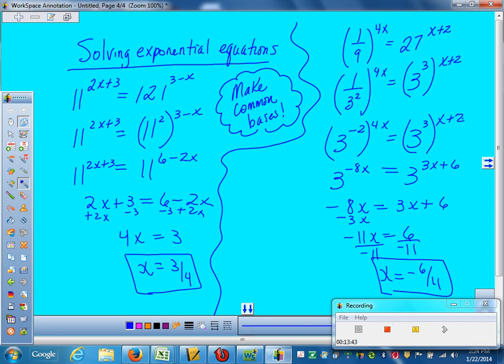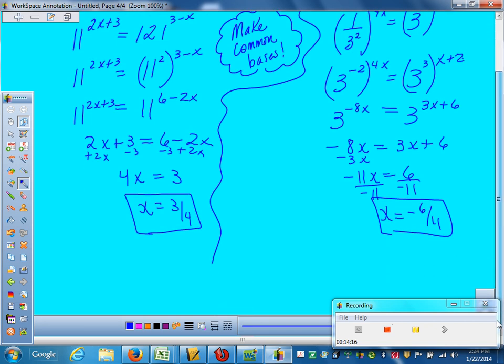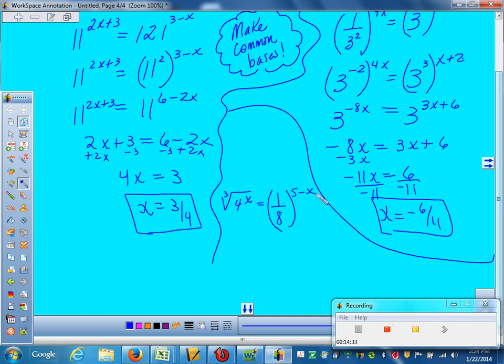I have just one question for you that goes with this. What would you do if I gave you a root in the problem? We'll just start this one, we won't necessarily finish it, but how would you start that? That's 4 to the x.